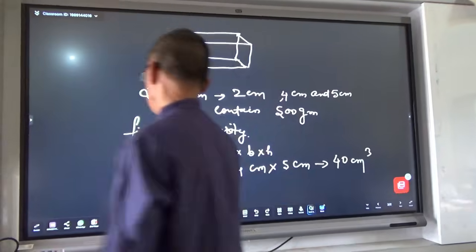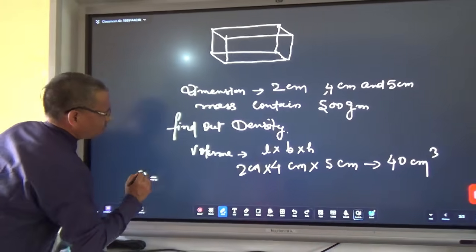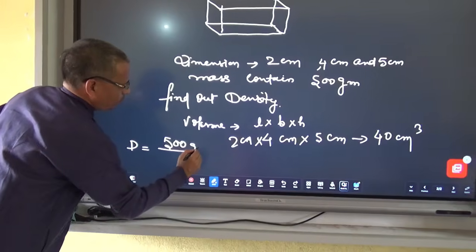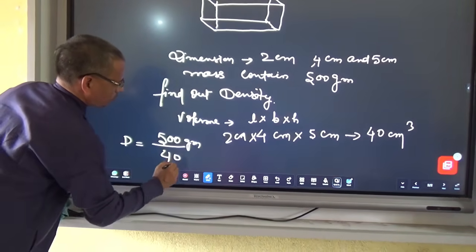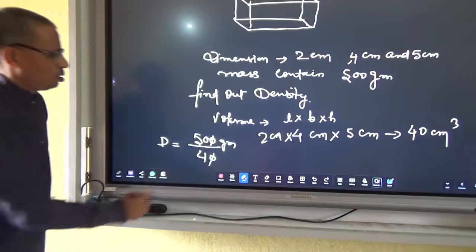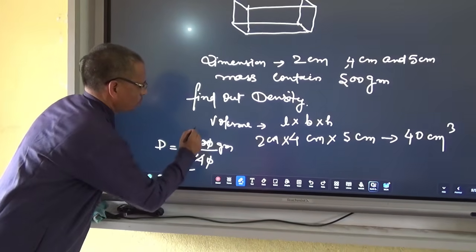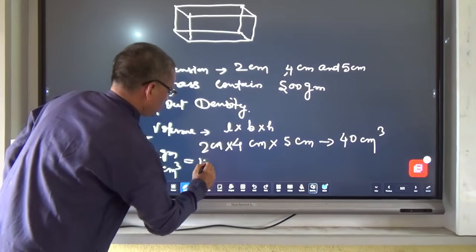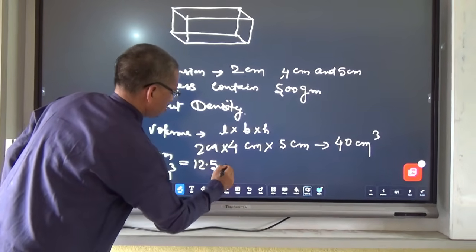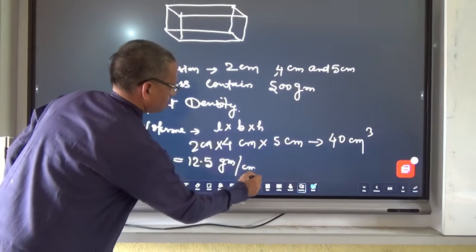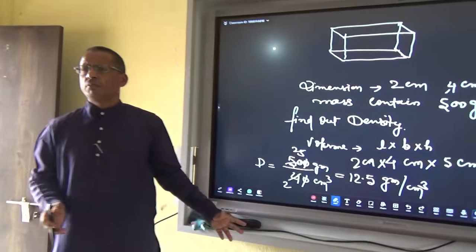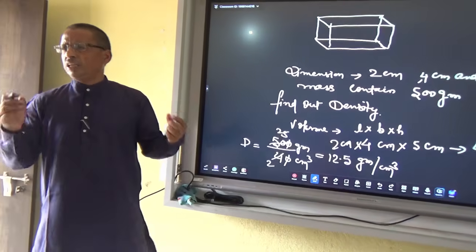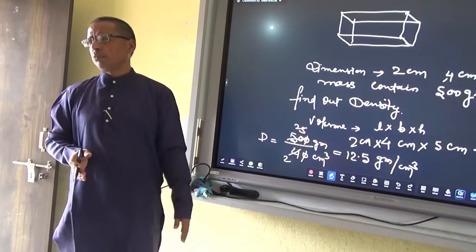So density is 500 grams upon 40. Solve it. That is the way you find density of substances. A very easy way to find density. Okay?